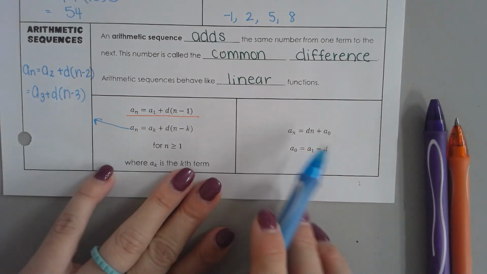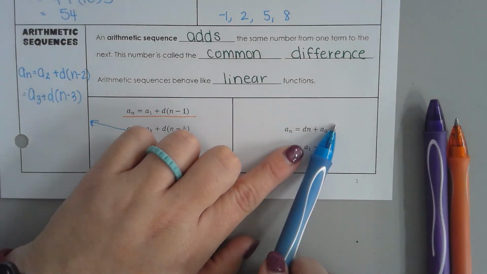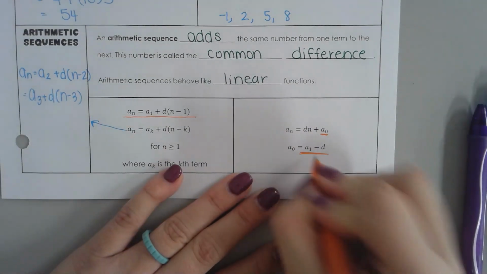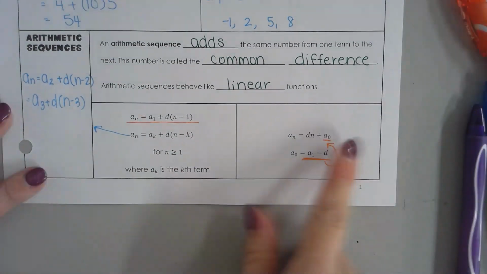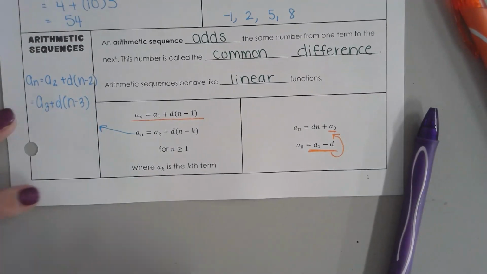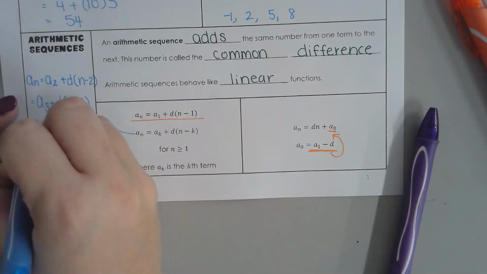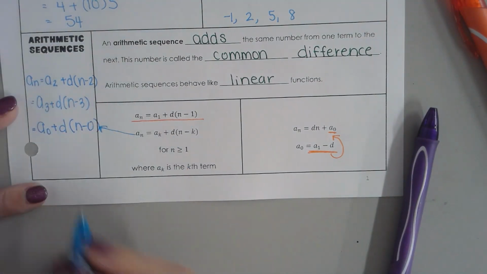Another formula you could use, something else that will be new, is the zero term. We'll call that your first term. You could backtrack once and find the zero term. It's still the same thing as this. Like if I use A0 plus D times N minus 0.